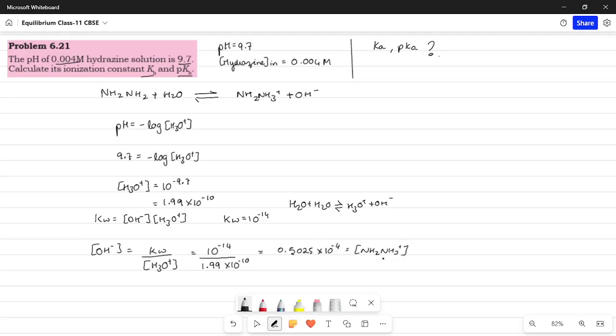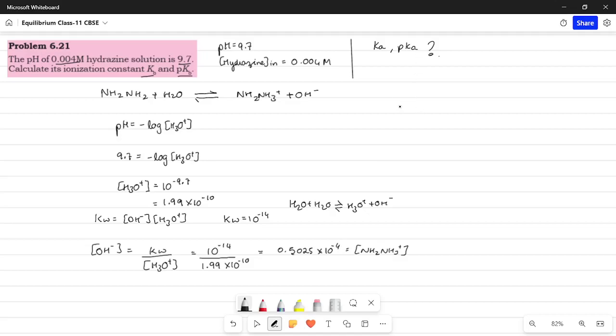This is because the concentration of OH minus ions, in comparison to that of NH2, is equal, and so we have the concentration of NH2NH3 plus, that is the ion, equals 0.5025 into 10 to the power minus 4.